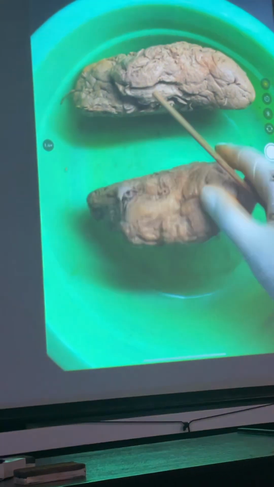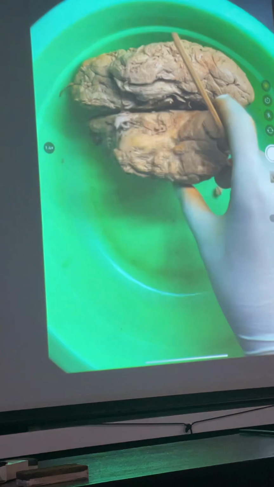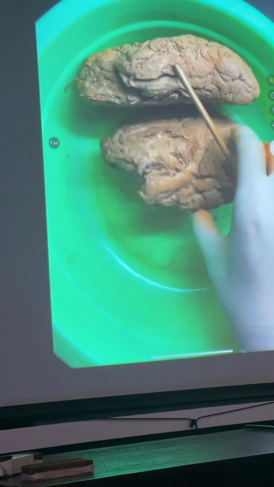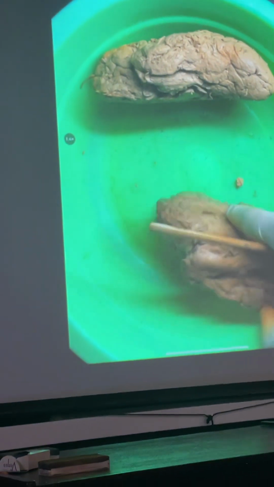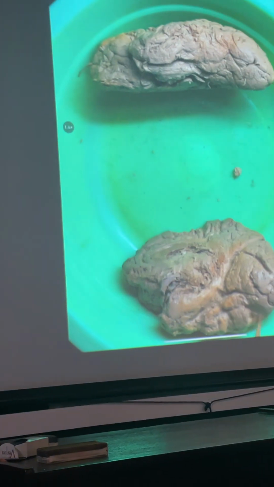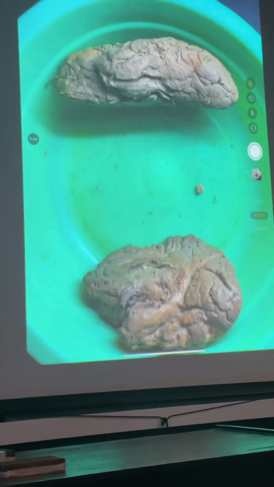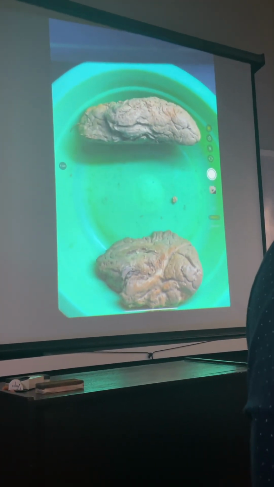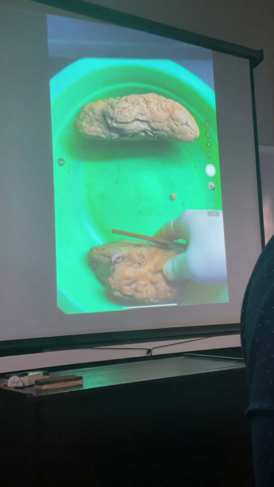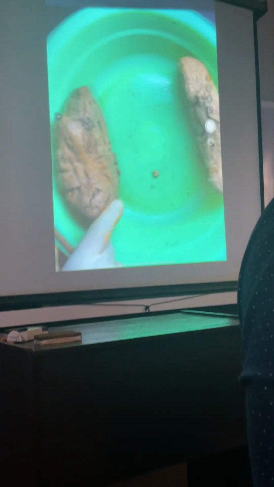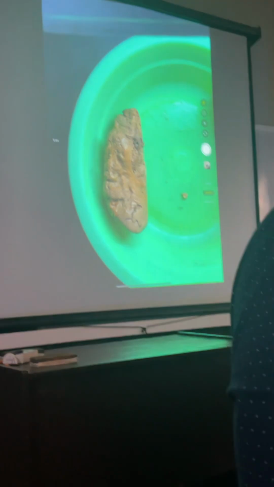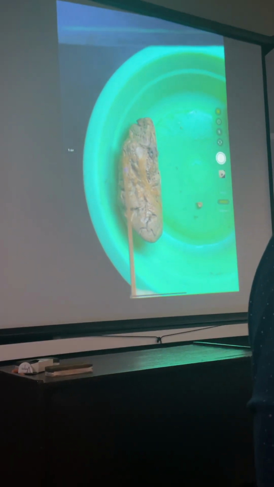Now I want you to see this model because it looks a bit better compared to the other one. So this is the inferior temporal gyrus.